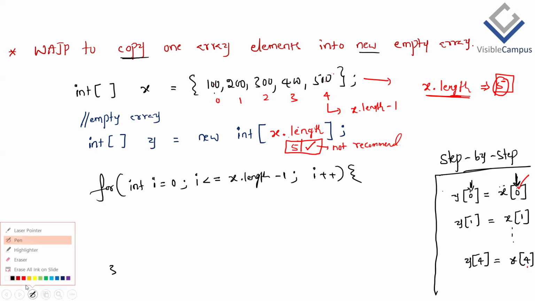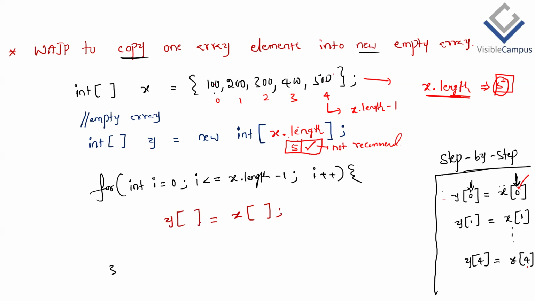Then followed by what is the code? x of the index value has to be copied, or assigned, to y of the same index. That index is there in which variable? So x of i has to be copied to y of i. That's all. This is the process.